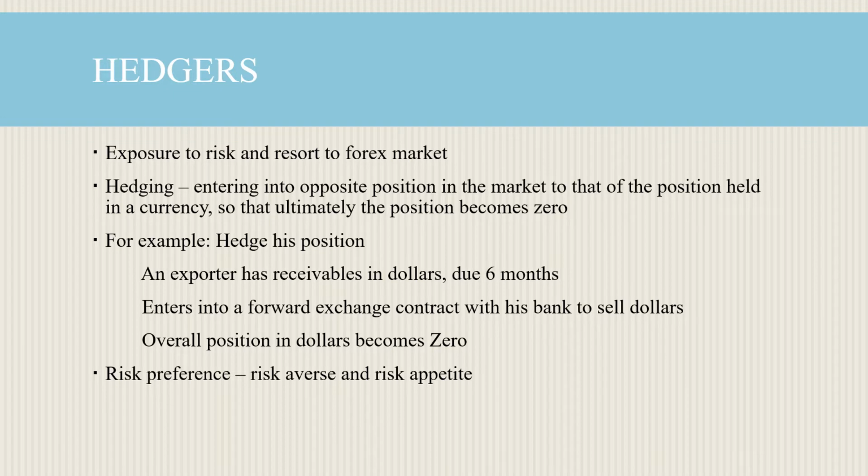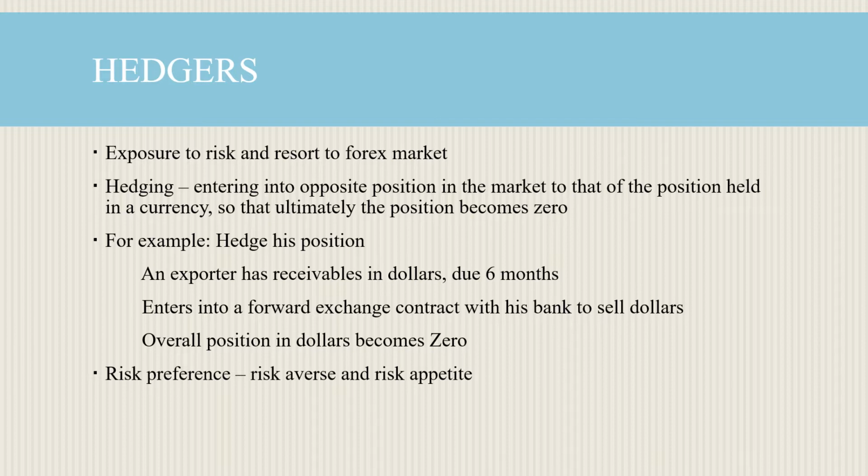At present he enters into a forward exchange contract with his bank to sell dollars, a contract which he can settle on a later date. So he can use those receivables to make these payments.